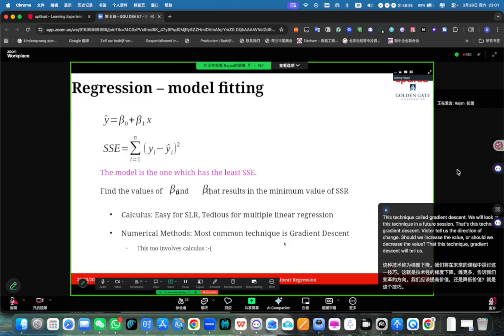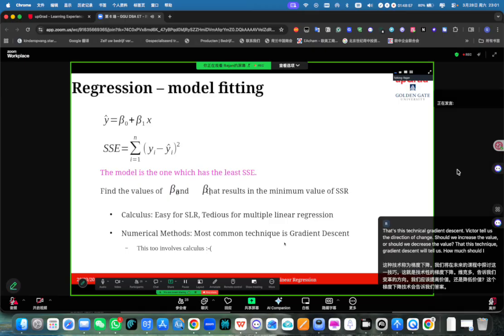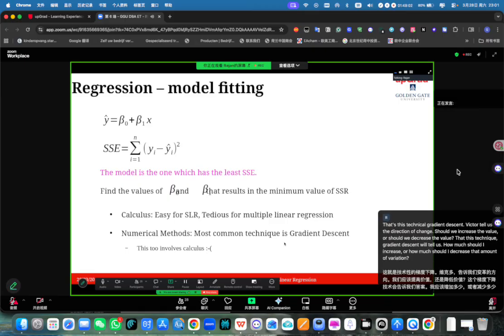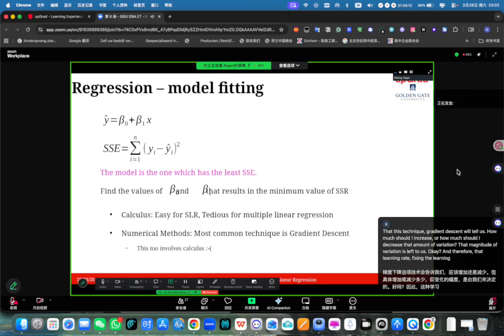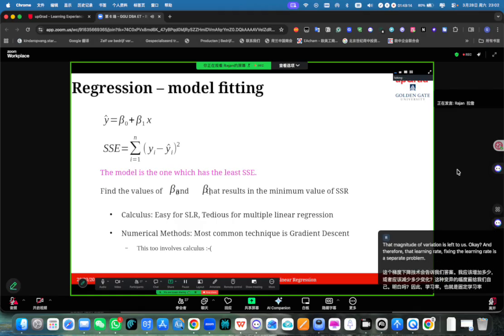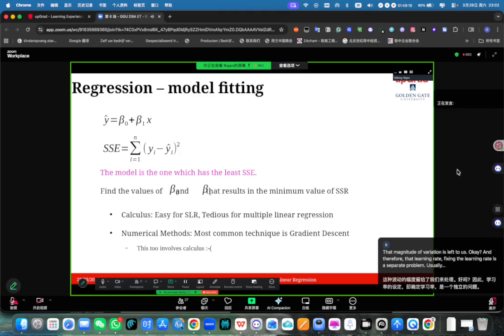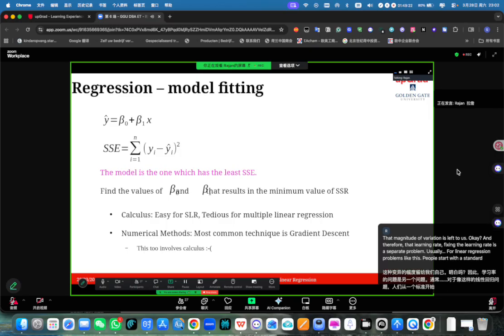How much to increase or decrease, that magnitude of variation, is left to us. And therefore, fixing the learning rate is a separate problem. Usually, for linear regression problems like this, people start with a standard value of 0.001.